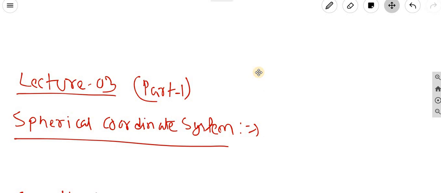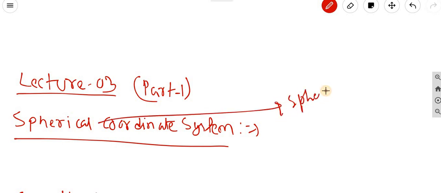Okay, so now what is the spherical coordinate system? It is based on a sphere. This coordinate system is based on this sphere. It's like a football.